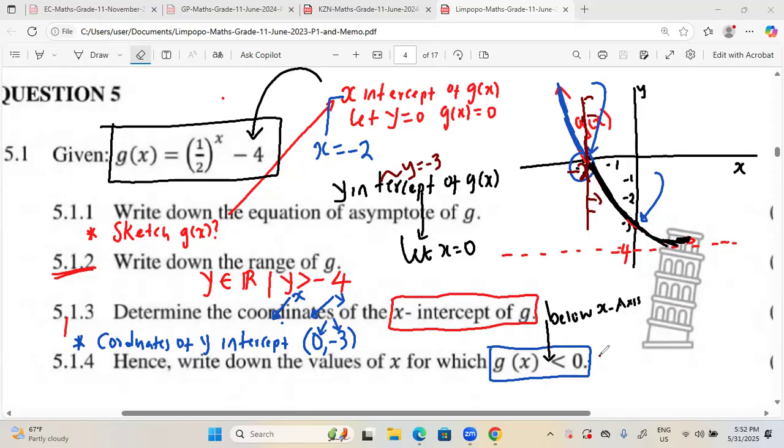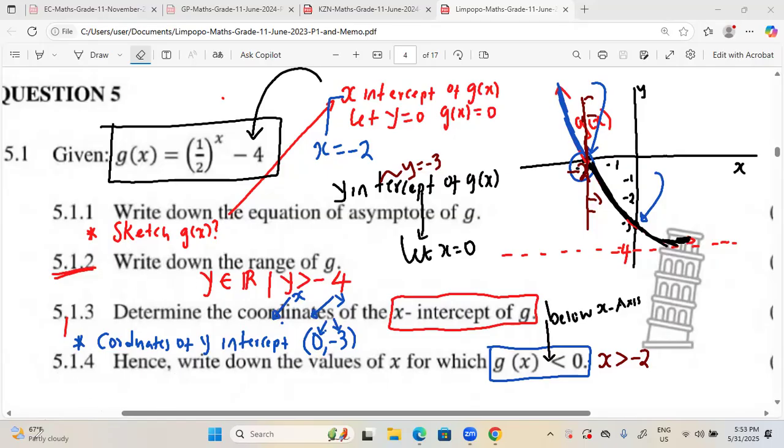So you say when x is greater than -2, g of x is always below the x-axis.